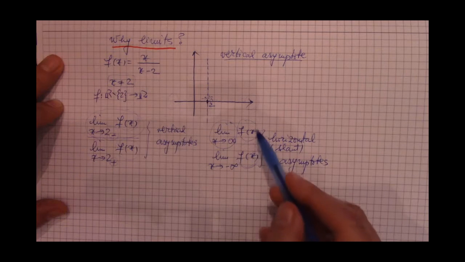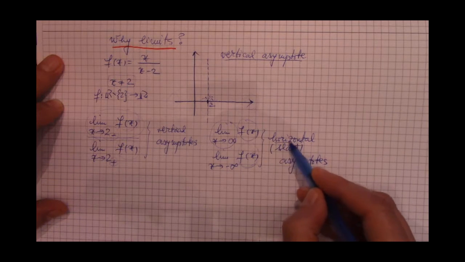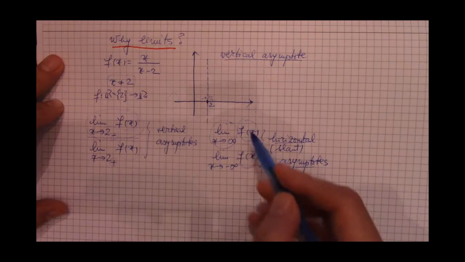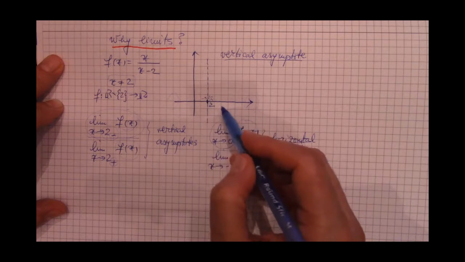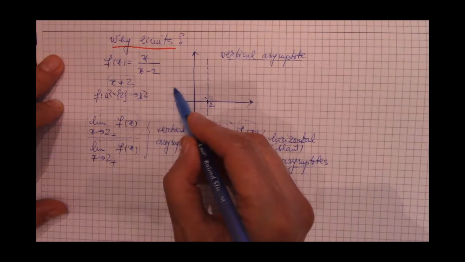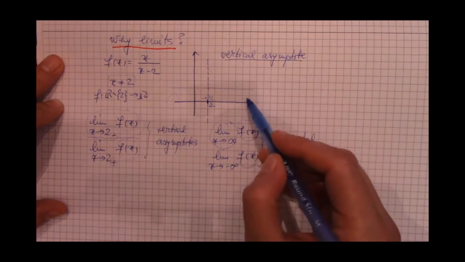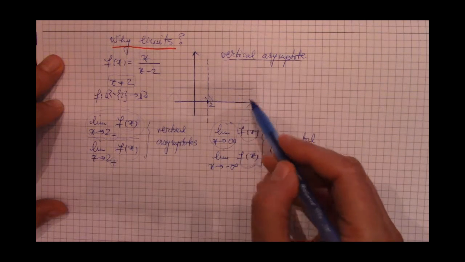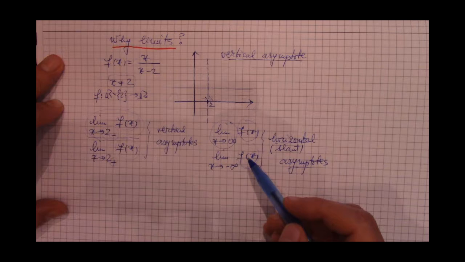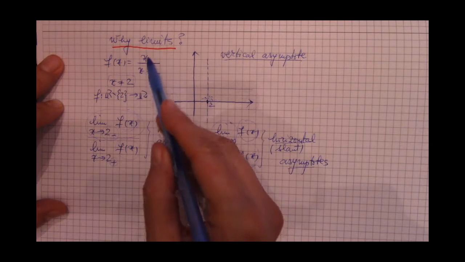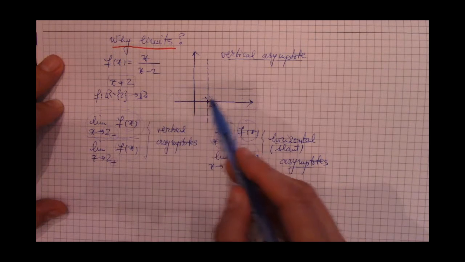These values will give us potential horizontal asymptotes. Horizontal asymptotes are the horizontal lines that a function may approach when x approaches plus or minus infinity. In this case, it will turn out that there is a horizontal asymptote.